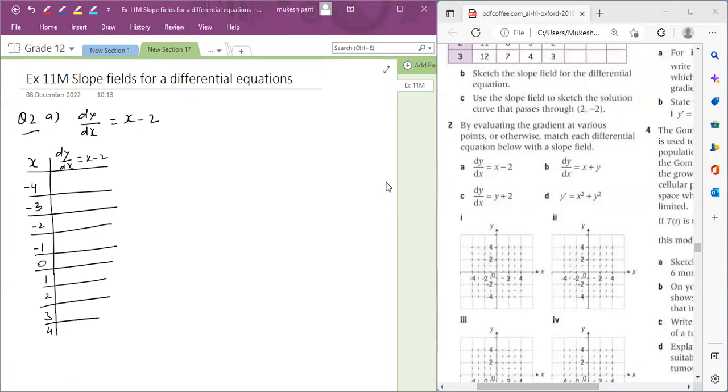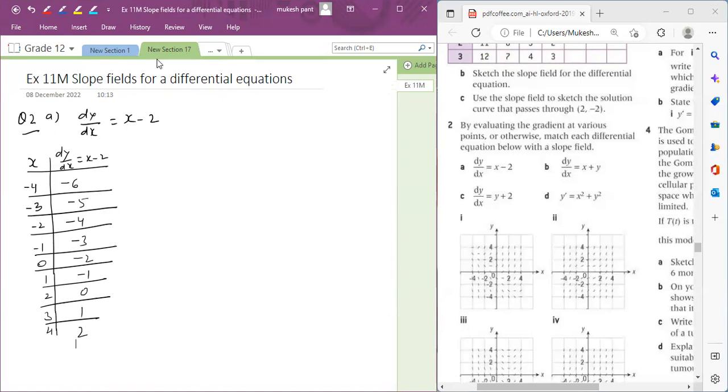When x equals -4, you put -4 here, so -4 minus 2 is -6. Then -3 minus 2 is -5, -2 minus 2 is -4, -1 minus 2 is -3, 0 minus 2 is -2, 1 minus 2 is -1, 2 minus 2 is 0, 3 minus 2 is 1, and 4 minus 2 is 2. So these are the values of the gradient, right?